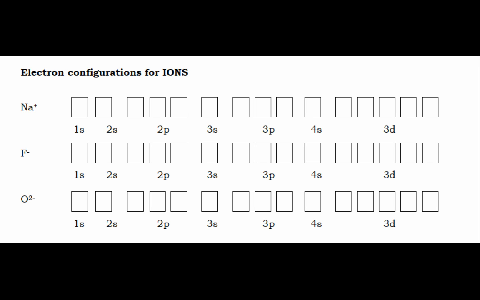You can also have electron configurations for ions, and this is extremely helpful in trying to figure out down the road how things are going to bond. So for example, sodium normally has 11 electrons, but if it's an ion and has a positive charge, it means it's lost one of those electrons, so now it only has 10.